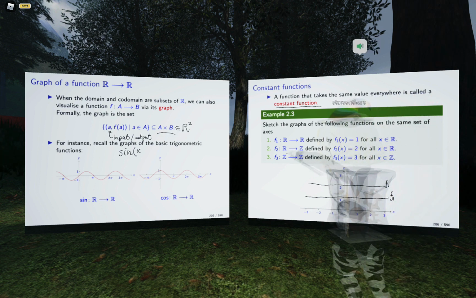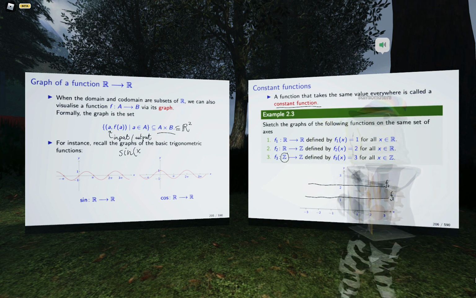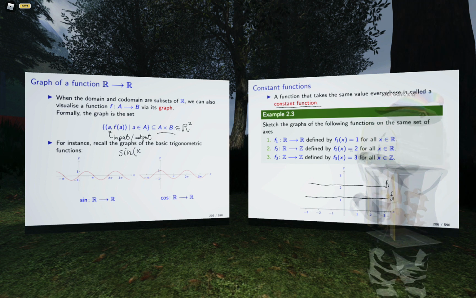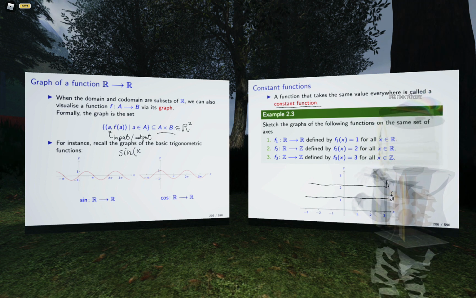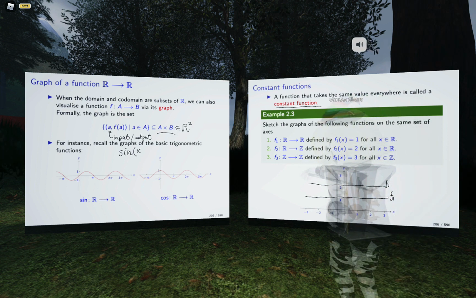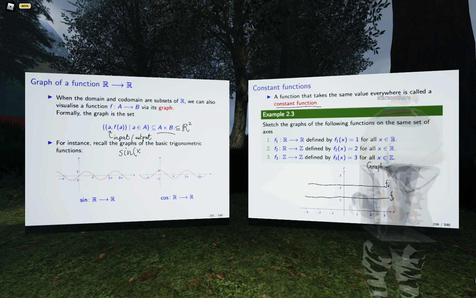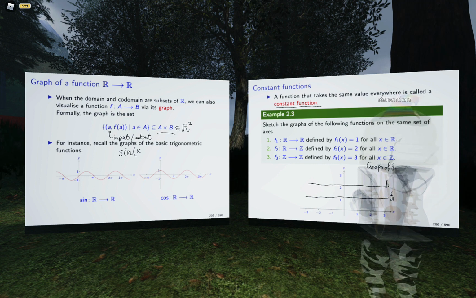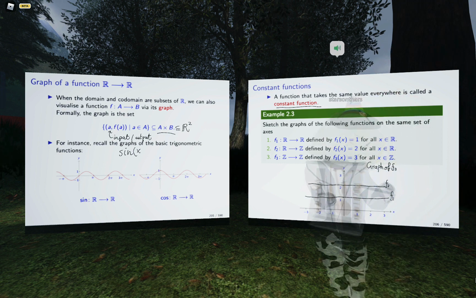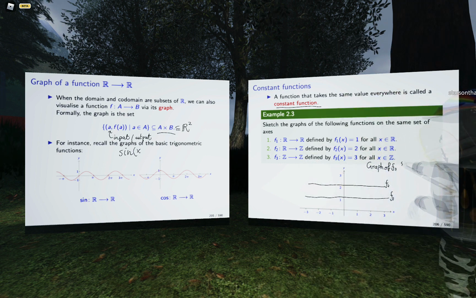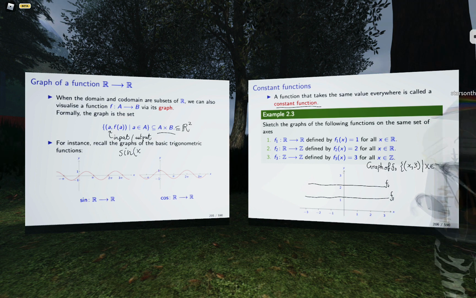Here, however, something changed that matters. The domain is now Z. The height's now 3, that's fine, but the domain is Z. So that means that when I consider the graph of f3, I'm going to take all pairs where x is now only an integer.